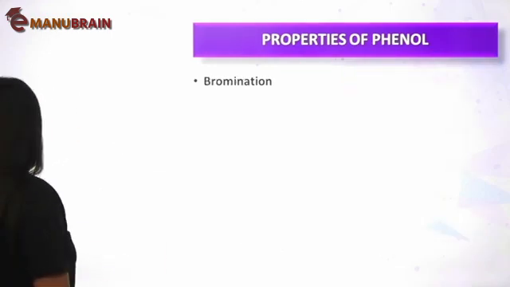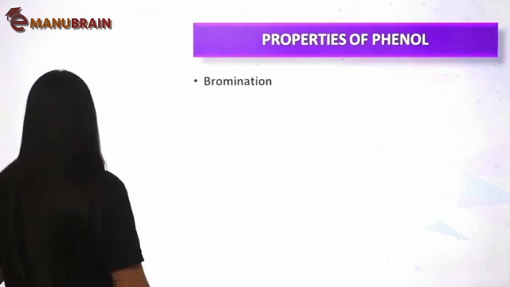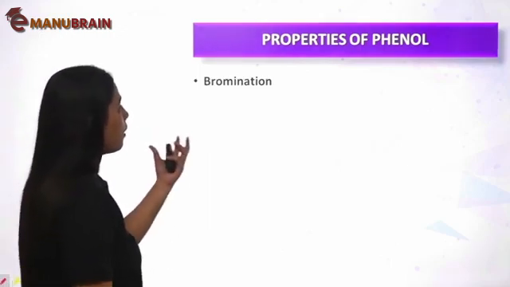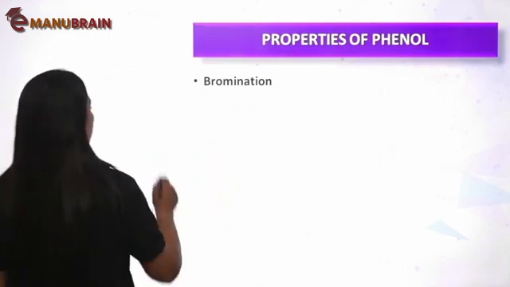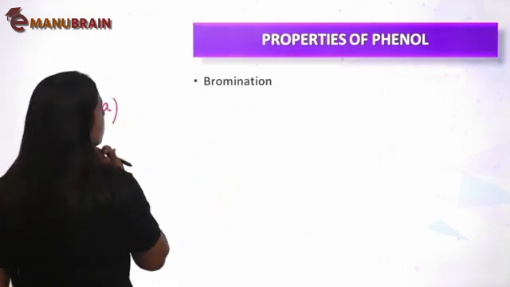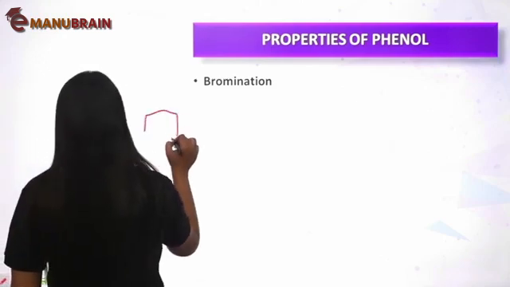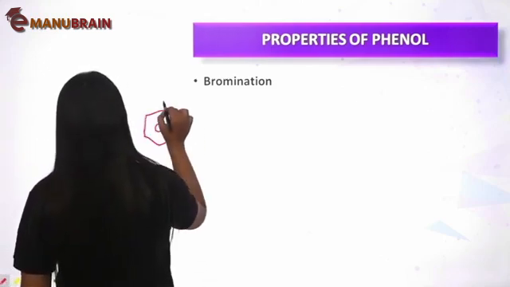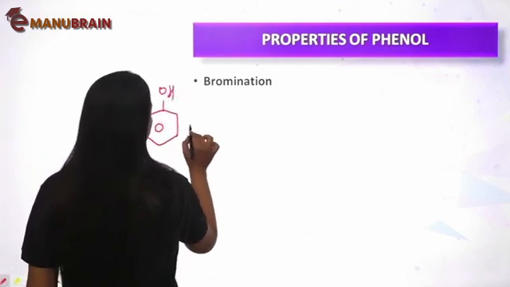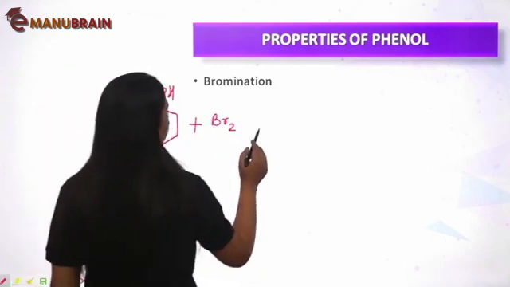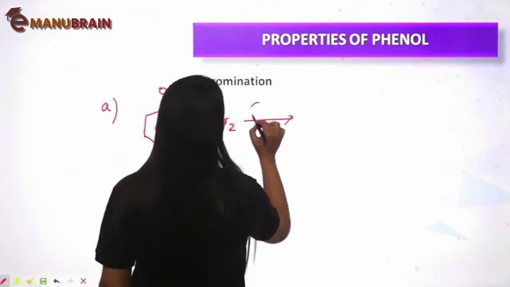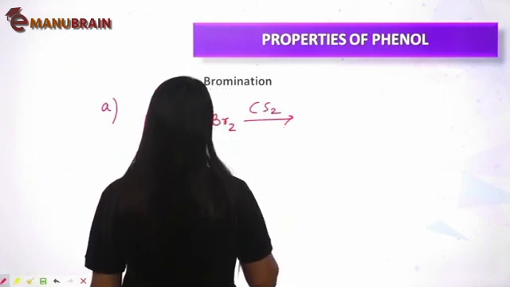After that we'll see the next electrophilic aromatic substitution reaction, bromination. Here also two different cases are possible. Let's see those cases. So when phenol reacts with bromine in the presence of a solvent, carbon disulfide, okay.